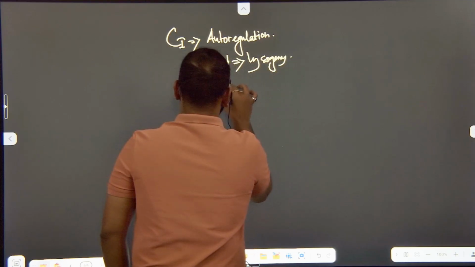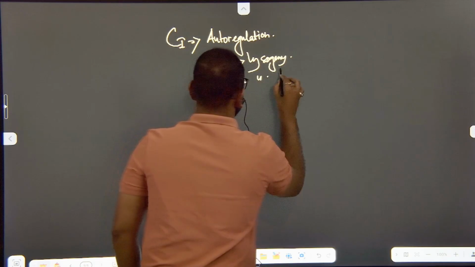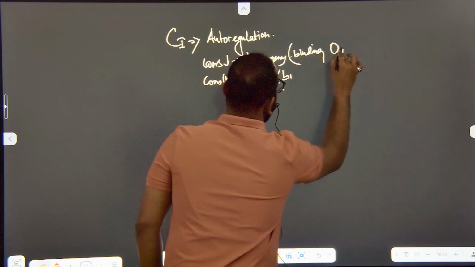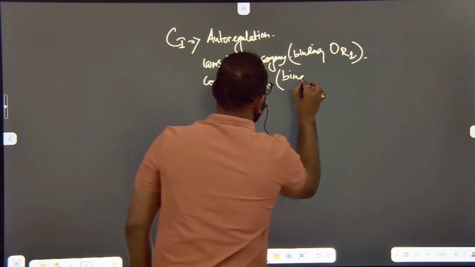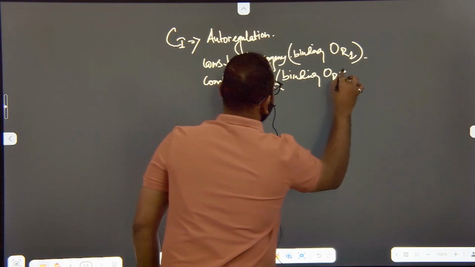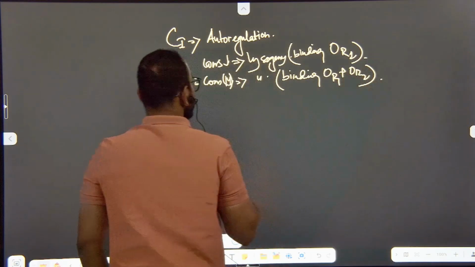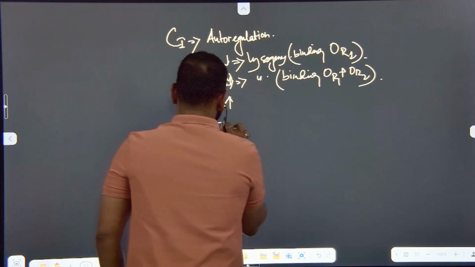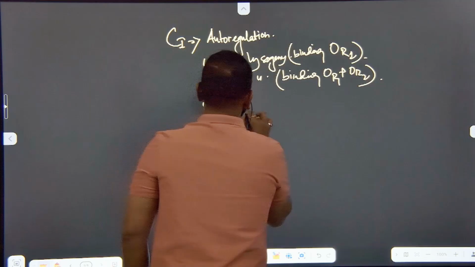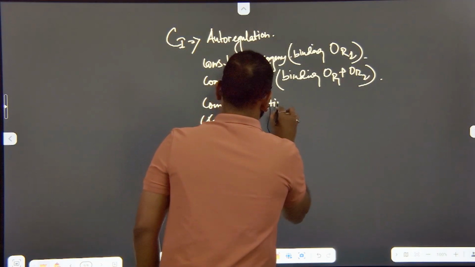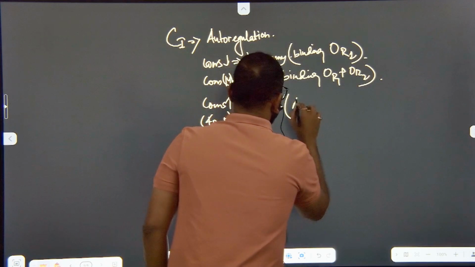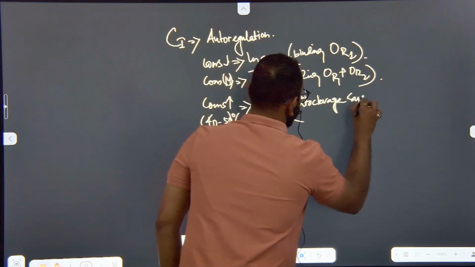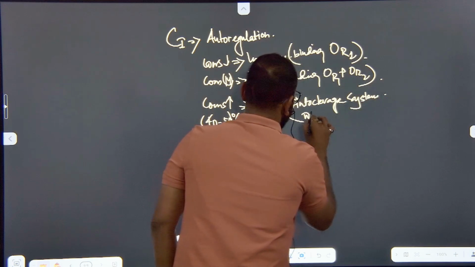Concentration moderate, lysogeny, binding OR1. Moderate, binding OR1 plus OR2. Concentration high, more than 40 to 50% than usual, lytic. Why? Because the autocleavage system will be activated.